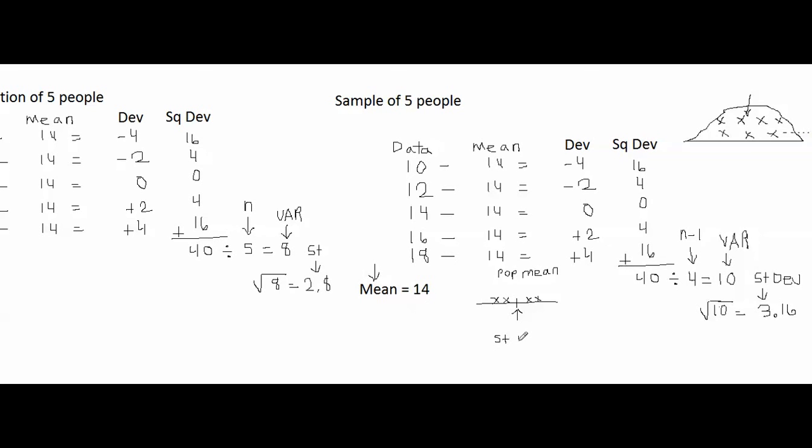Now, if I take more and more samples from a population, and I calculate the standard deviation of each of my samples, then if I don't use the adjustment, the n minus 1, what's going to happen is most of the standard deviations that I calculate are going to end up too low. In other words, if this is the population standard deviation, then most of my samples are going to end up having sample standard deviations down here.